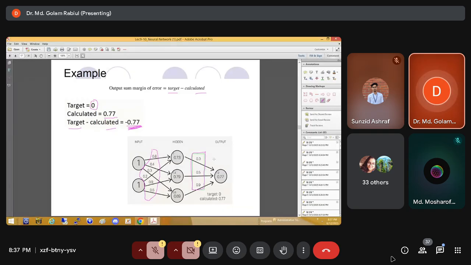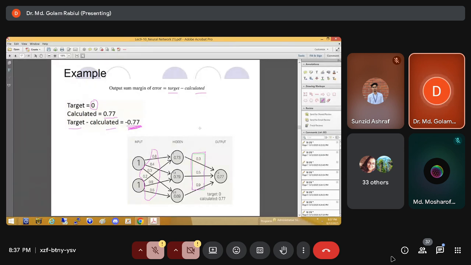We have to minimize it because the expected output is 0, but we got 0.77. But how can we minimize the error?